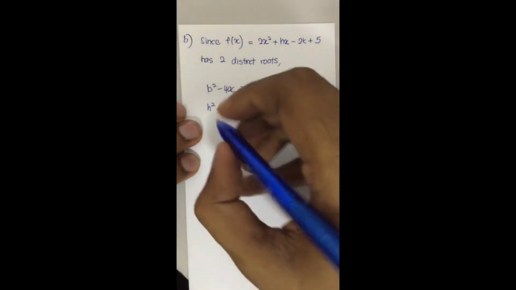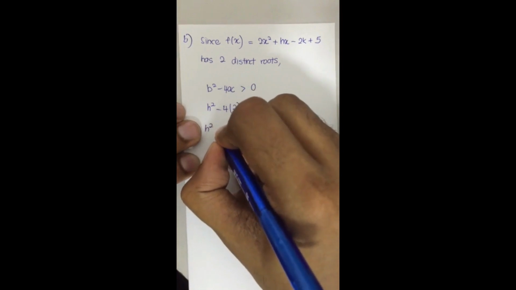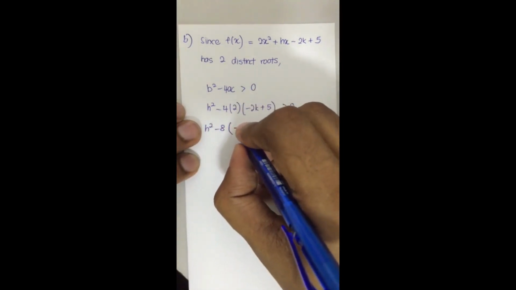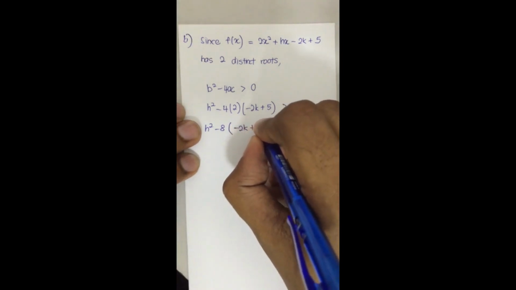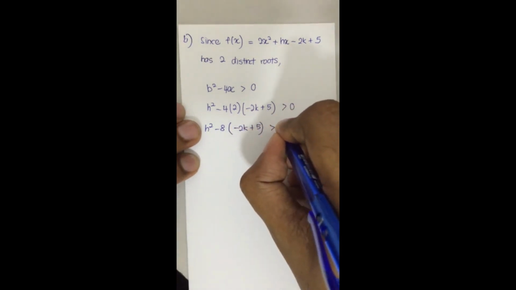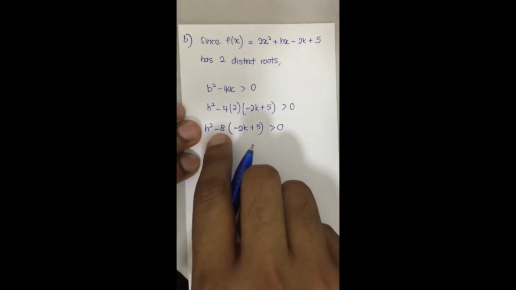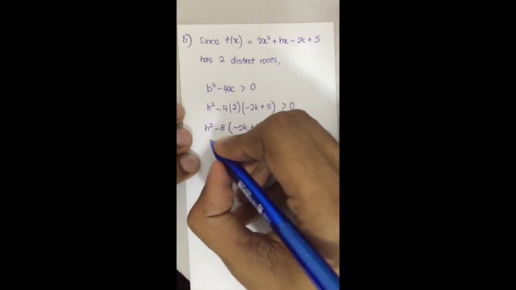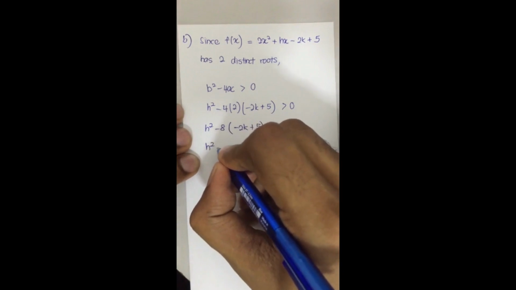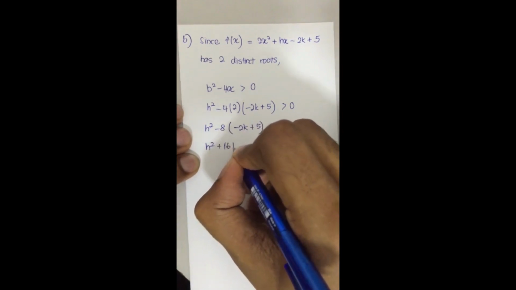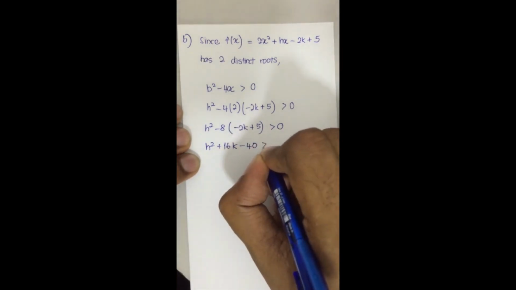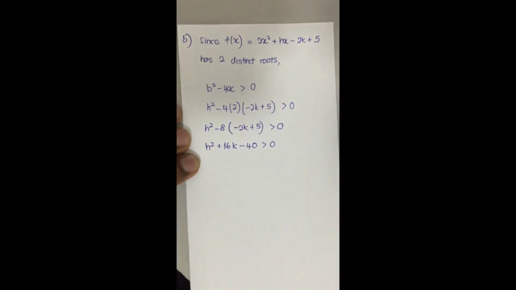Let us do it one by one. So h squared minus 8 times minus 2k plus 5 more than 0. Now this minus 8 you multiply in. From here you get h squared plus 16k minus 40 more than 0.